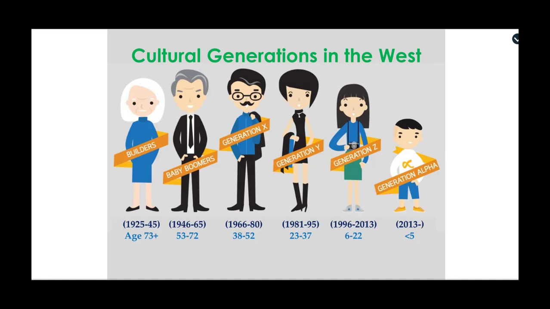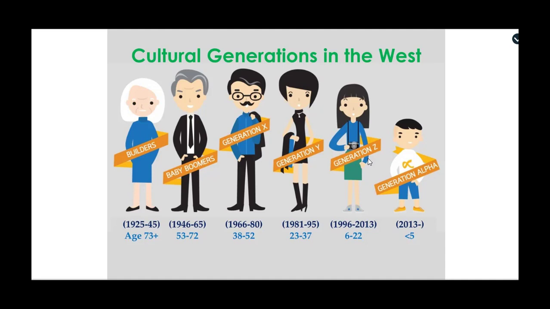If you look at this picture carefully, you will understand that there are several generations and each generation has got their own features and their characteristics were shaped by what happened in those decades, what happened in those years in their lifetime. So if you look at the range of birth years for Generation Z, you can guess what happened in those years.